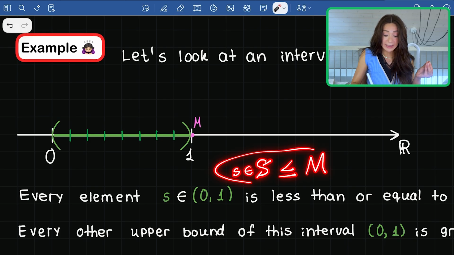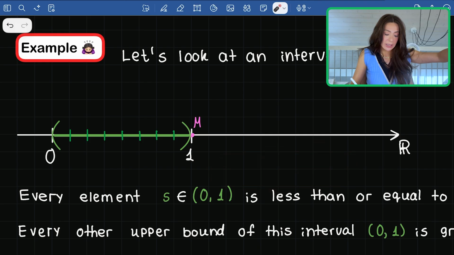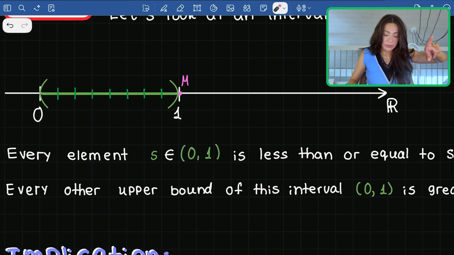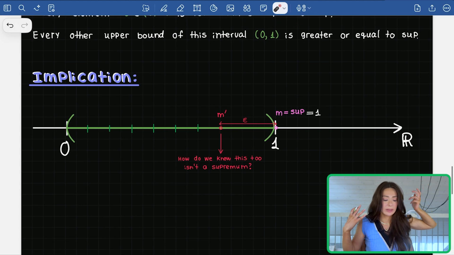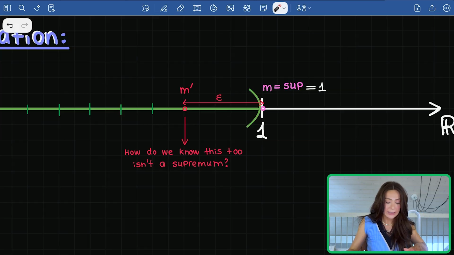But this specific requirement is satisfied by every other upper bound. The second is not, because then we will say that m is the least of all the other upper bounds, okay?